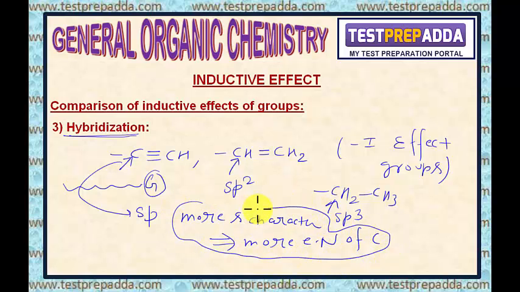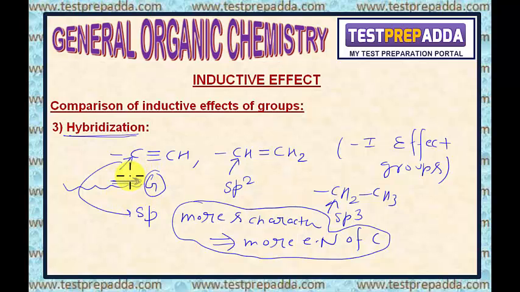More s character implies more electronegativity of carbon, and this way if you compare the three groups, this carbon is the most electronegative. So if you attach this group with the carbon chain, the electron pulling tendency will be the maximum.